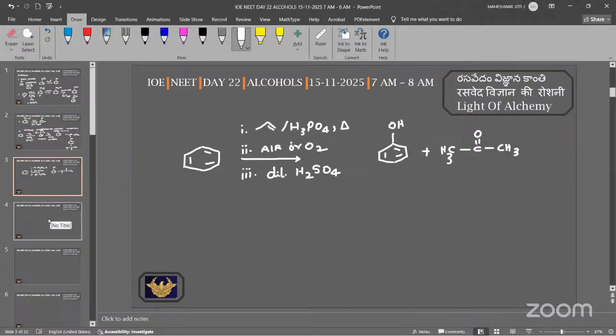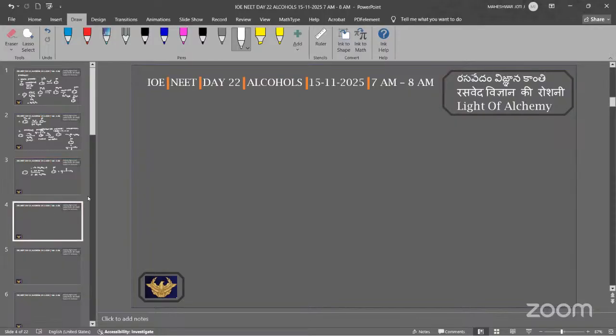Now let us see the mechanism. You know the electrophilic aromatic substitution reaction mechanism. From H3PO4, H plus will be generated.